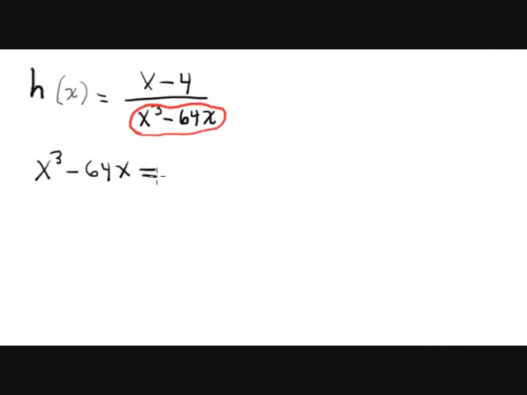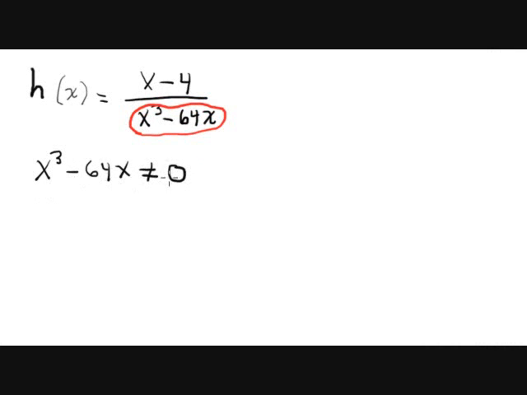Okay, again we have a fraction and the expression in the bottom must be different to 0. So the restriction is x cubed minus 64x must be different to 0.